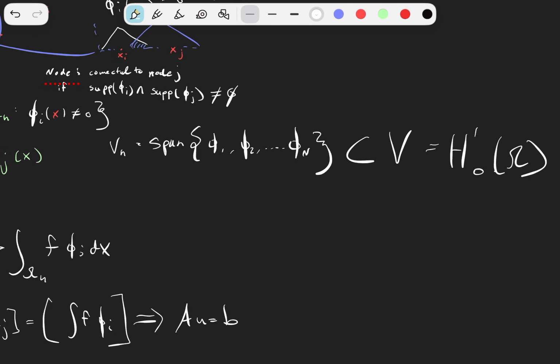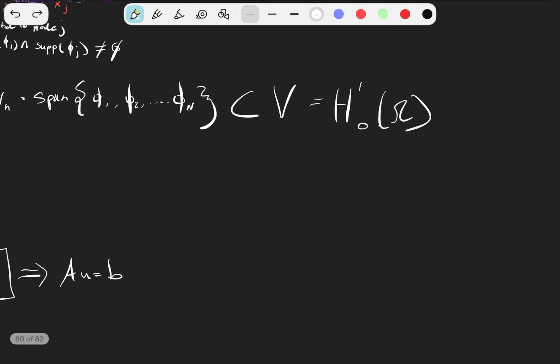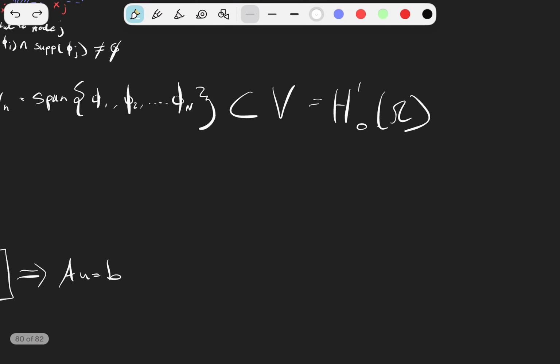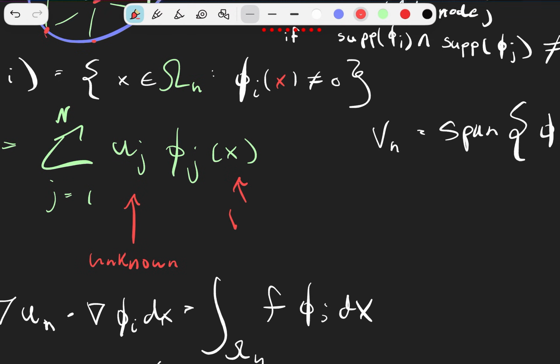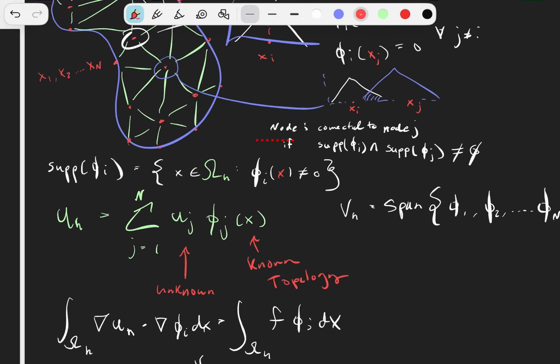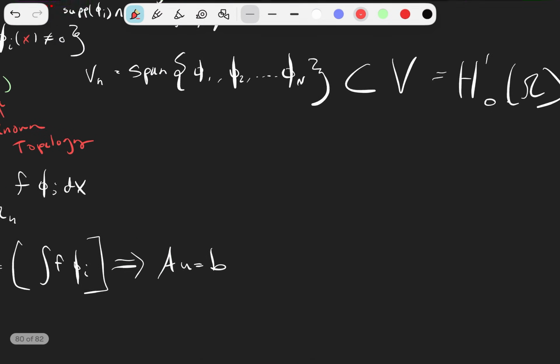And then the ansatz, again, would be this Galerkin solution. So these, again, are scalar coefficients, or the unknowns, and these shape functions have known geometry or known topology. All right? They have known topology and really geometry.